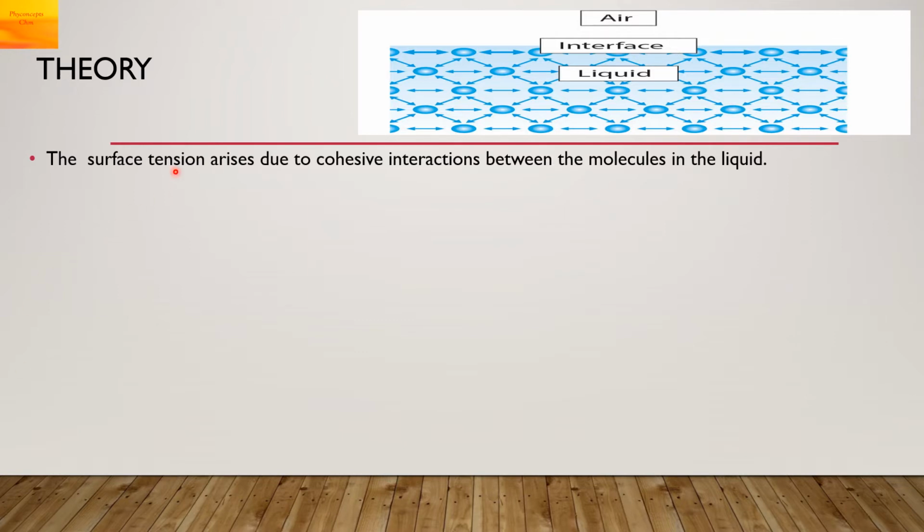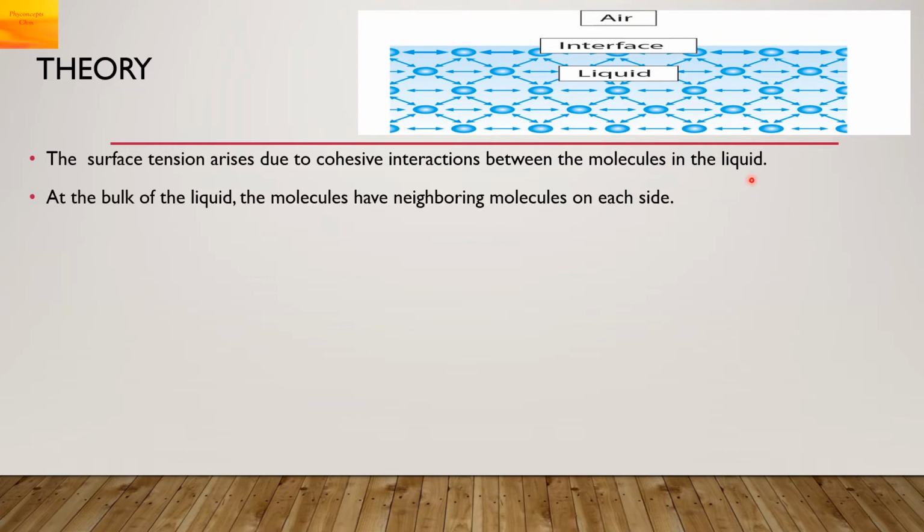The surface tension arises due to the cohesive interactions between the molecules in the liquid. At the bulk of the liquid, the molecules have neighboring molecules on each side, like it is shown for this molecule. It is attracted to the neighboring molecules from all the sides.